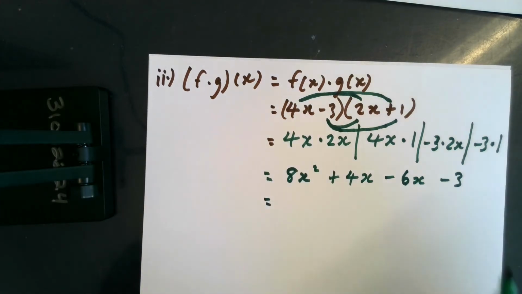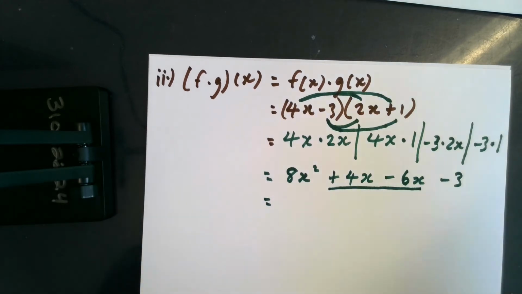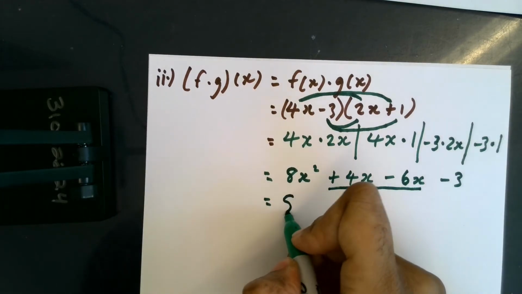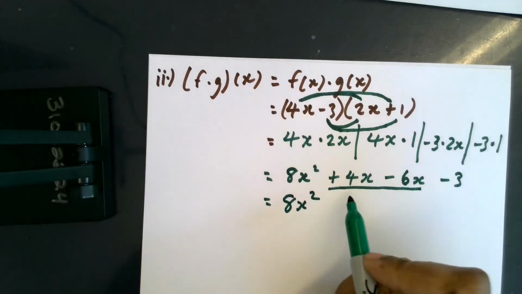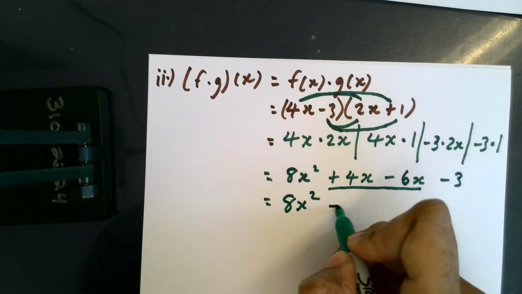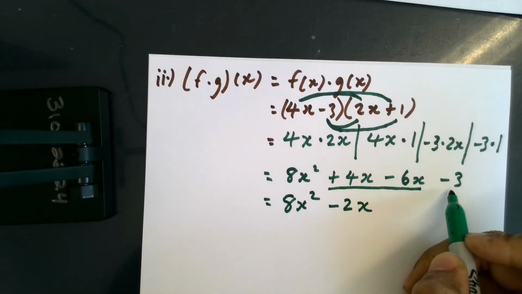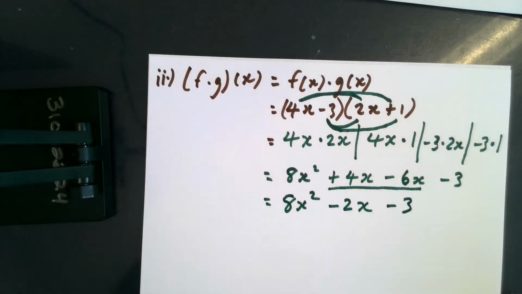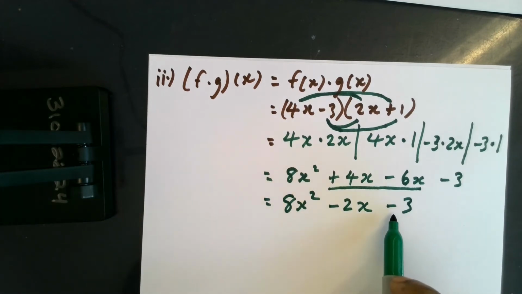Combine like terms, we only have 2 like terms. So our answer is 8x squared, combine our 2 like terms, that's negative 2x minus 3, all right? So our answer is 8x squared minus 2x minus 3, okay?